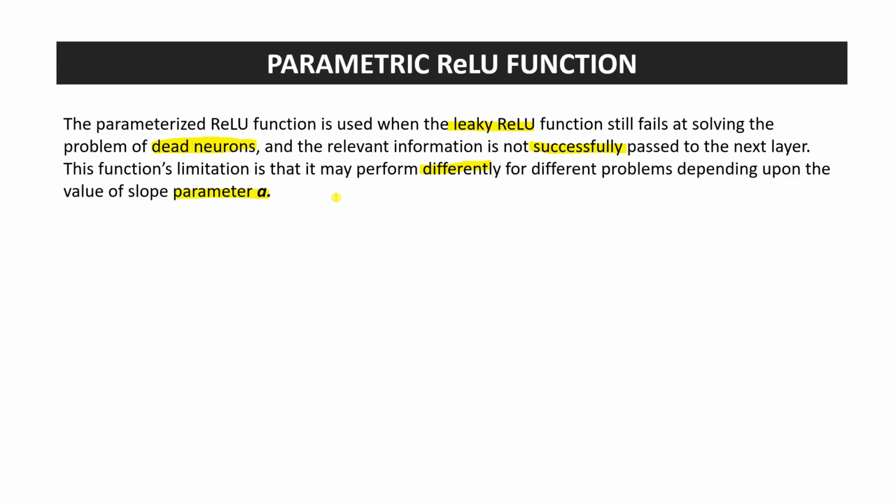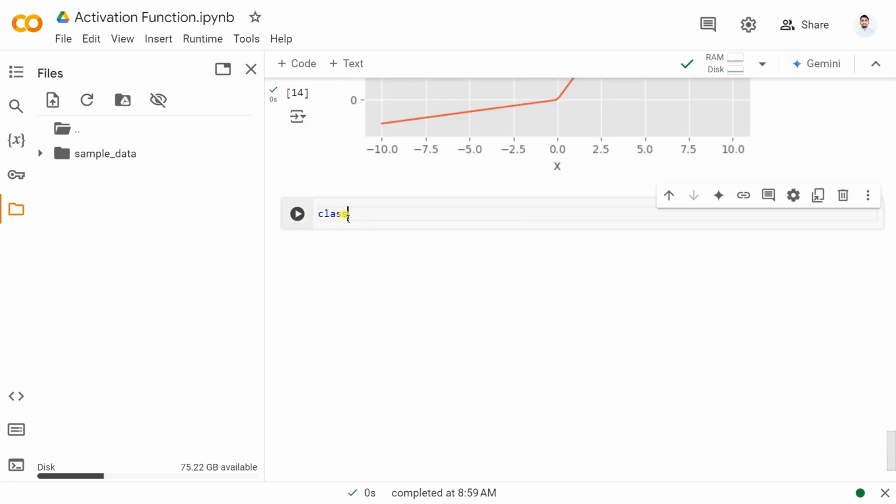Now I am going to create this parametric ReLU function using PyTorch. So let's create a class called parametric ReLU. After that, you can pass in nn.Module, and then we can create def __init__, and then you can pass in self and alpha.